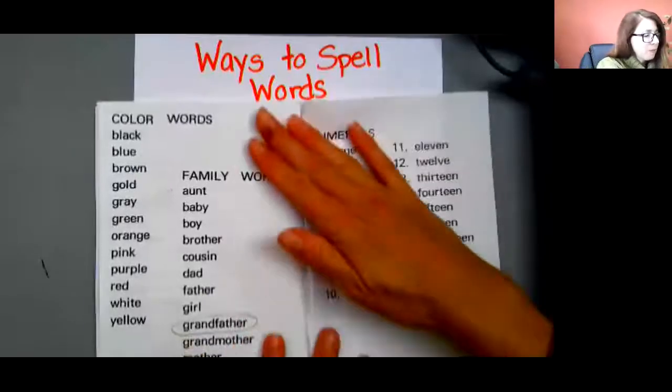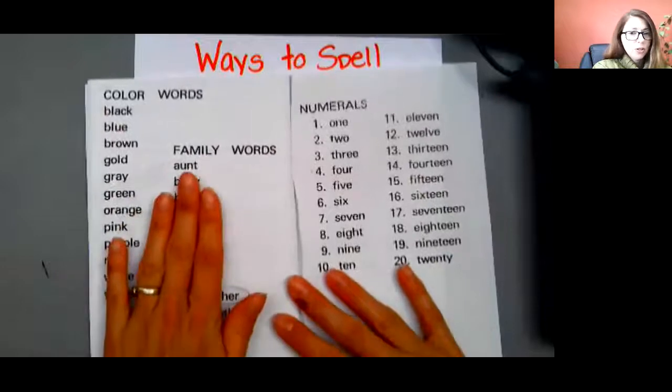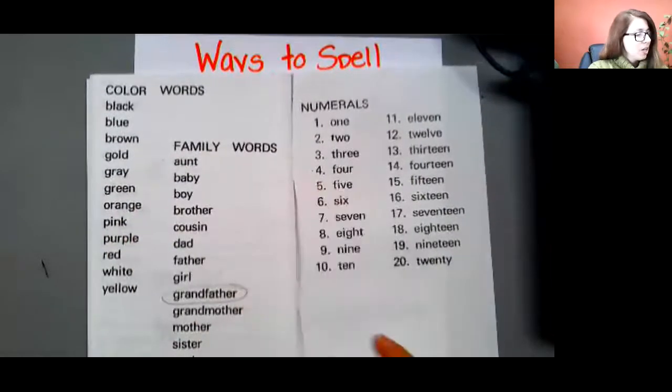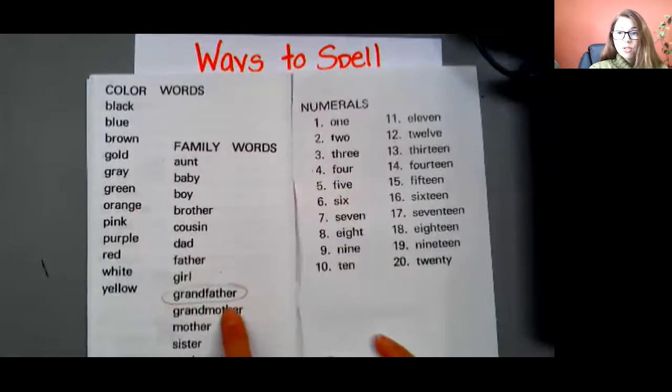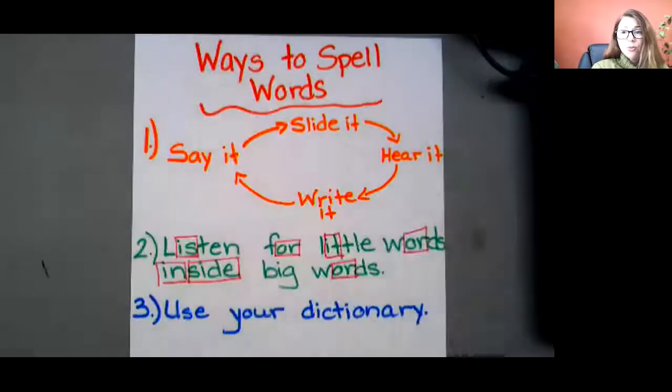If you open up the back page, you'll notice there are color words, family words, and also number words. A word that I like to use a lot in my stories is the word grandfather. So I've circled that word so I always know where to find it. These are all ways that can help you spell when you're writing in your stories.